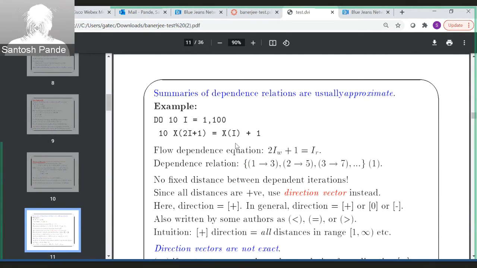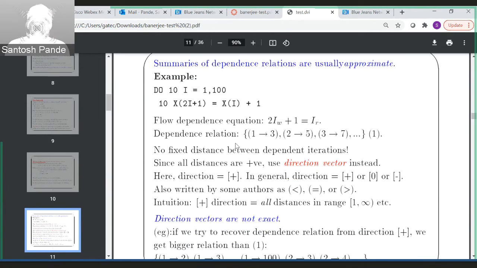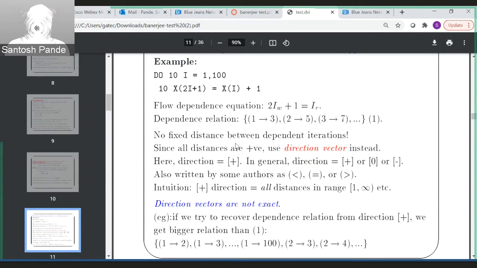If we do so, we get the dependence directions, but sometimes this could be a problem. For example, in this simple example, x of 2i plus 1 is equal to x of I plus 1.